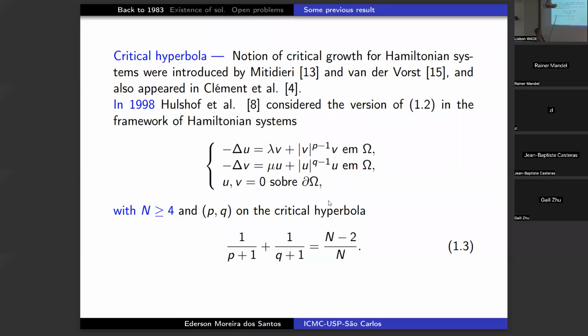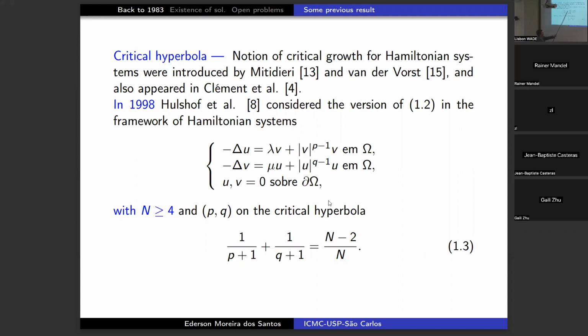So then I want to consider the version of this problem in the framework of Hamiltonian elliptic systems. The so-called critical hyperbola corresponds to the notion of critical growth for Hamiltonian elliptic systems.